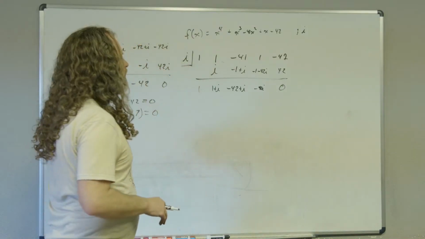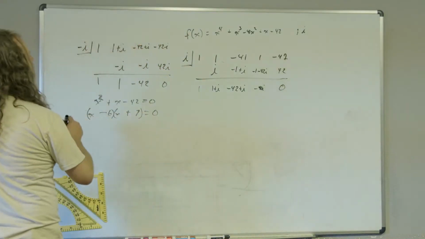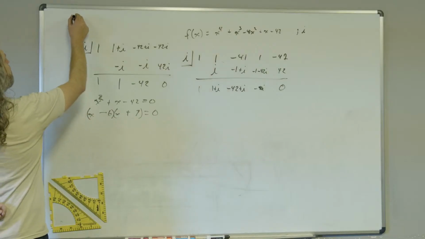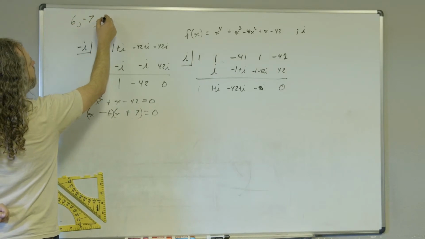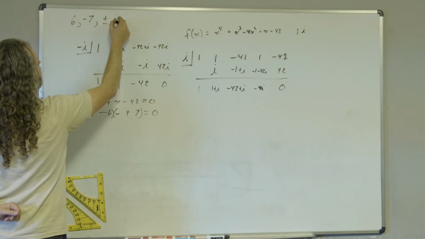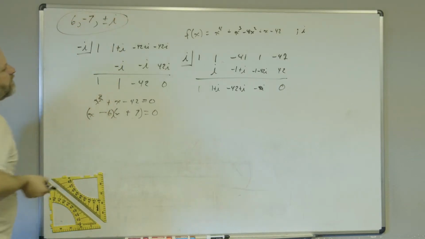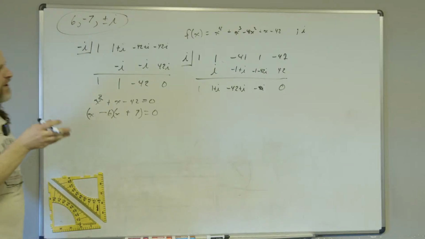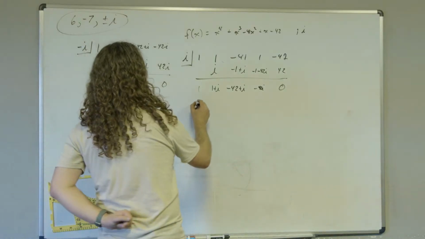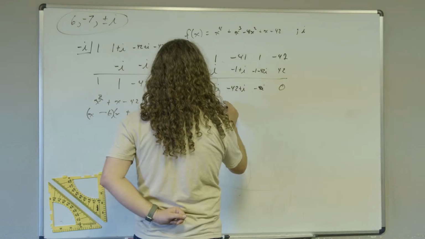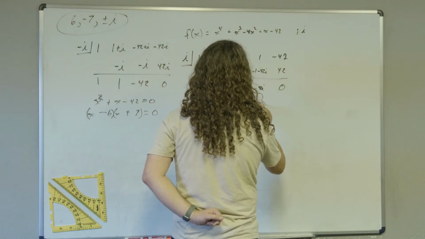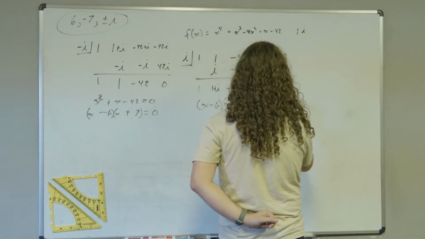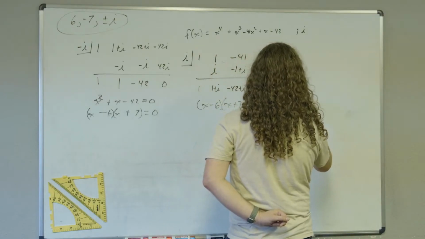So what are the zeros? 6 and negative 7 and plus or minus i, right? So what would the linear factorization be? Plus i and then minus i. Oh, yeah.